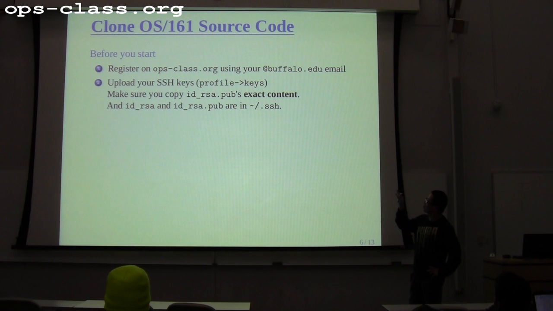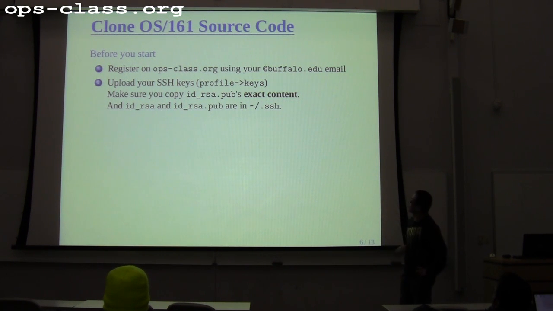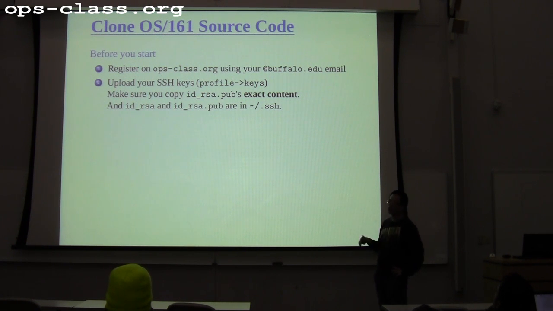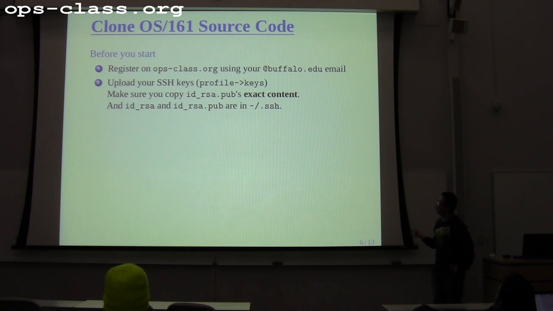Also, the private key and public key files should be in your home ~/.ssh directory. Some people claim they added the key correctly but still cannot clone. That's because the keys are not in the right place. So move the keys there, or by default they should be there if you didn't do something naughty.